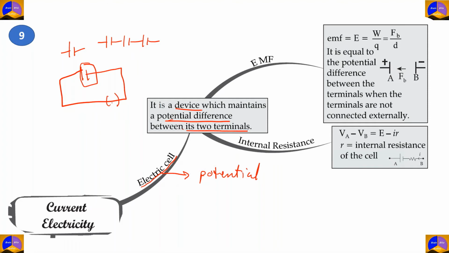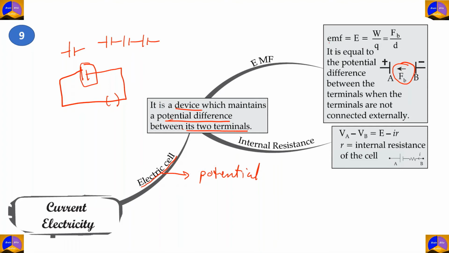That means the switch has not been turned on, it's turned off, and then you can find the EMF of an electric cell. So this is the force which is present between the positive and negative terminals of a battery. So this quantity here helps us to find the EMF.